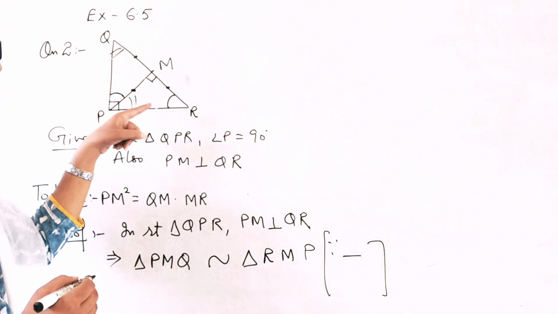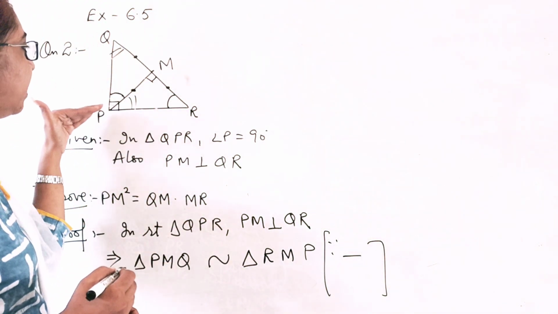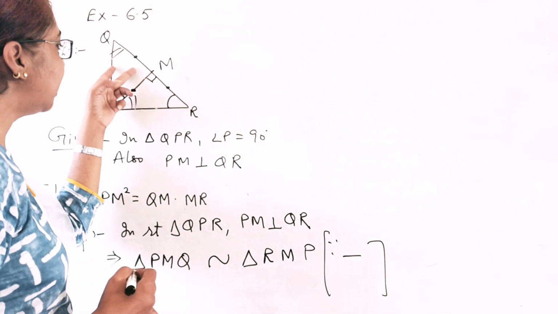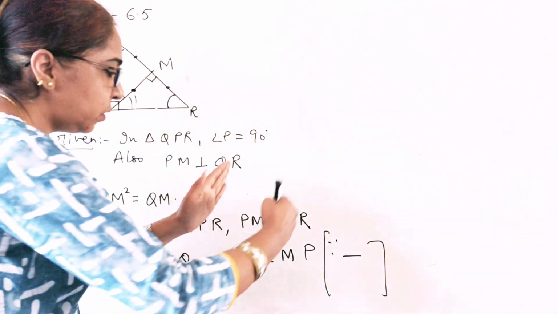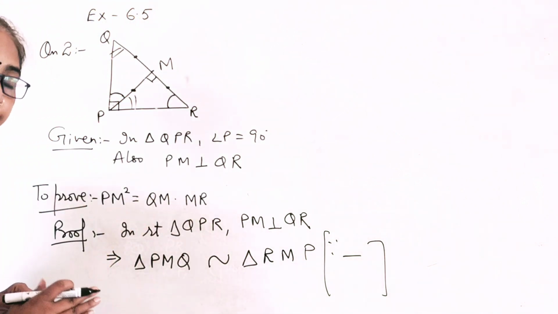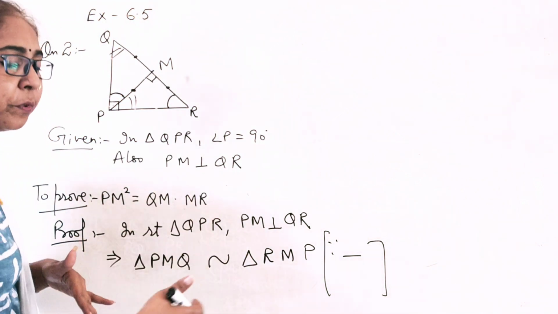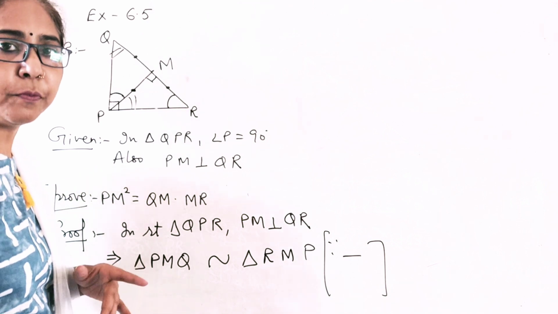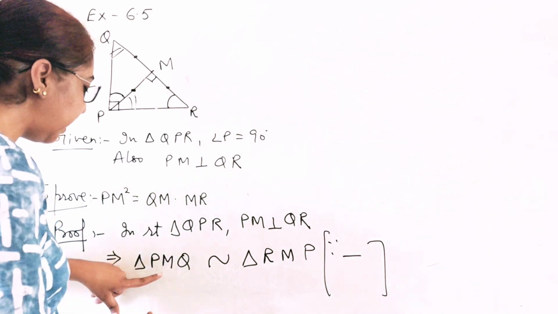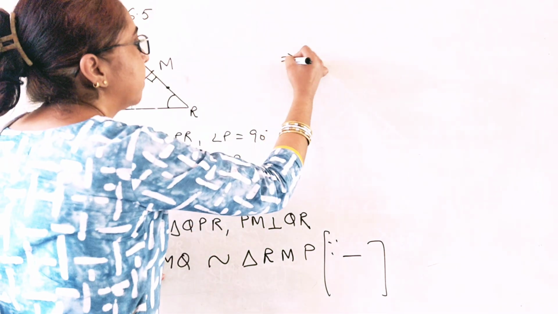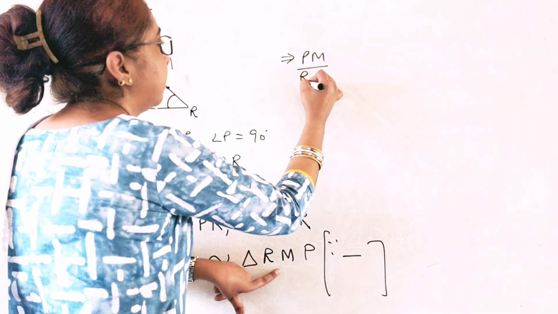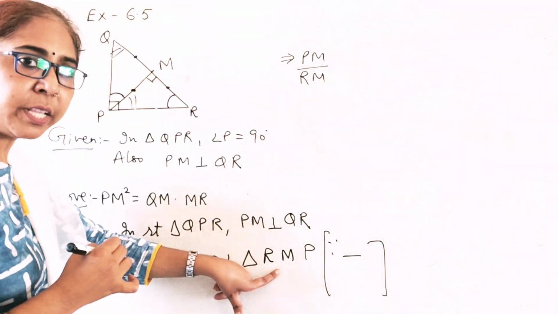And you have to write here the whole theorem. What? In a right angle triangle, if from the right vertex this line is perpendicular to the hypotenuse, that means these two triangles are similar. You just have to write 2, 3 lines here. Now, if these two triangles are similar, all the ratios will be equal. Of course, if the two triangles are similar, we can have the result from here that PM upon RM, you know how we have to take the ratios?